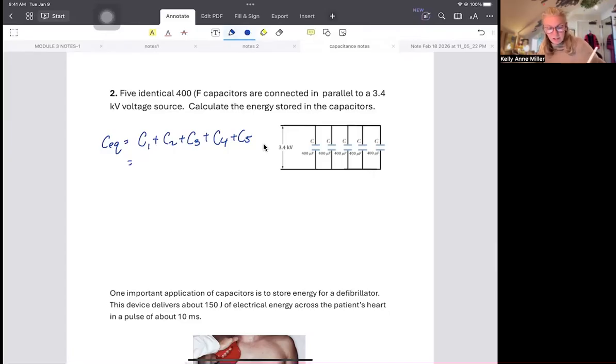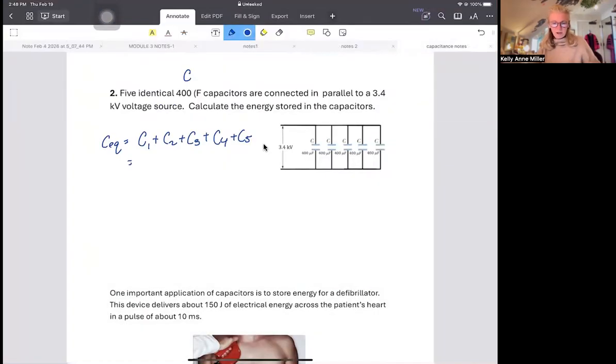All of the capacitors have the same capacitance. So C1 equals C2 equals C3 equals C4 equals C5, and each of those equals 400 microfarads.